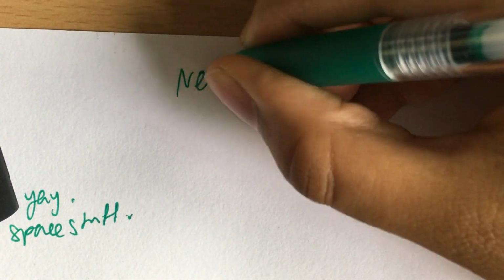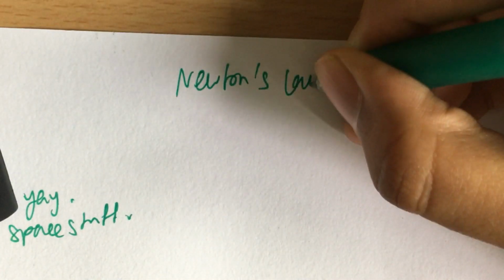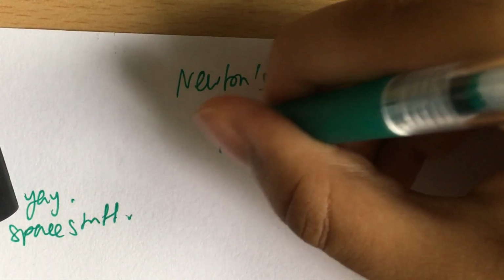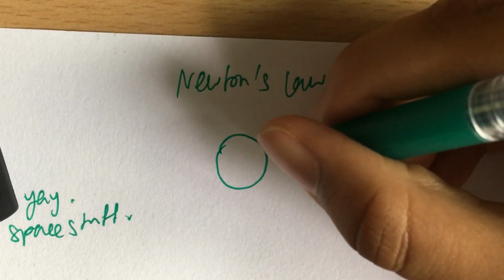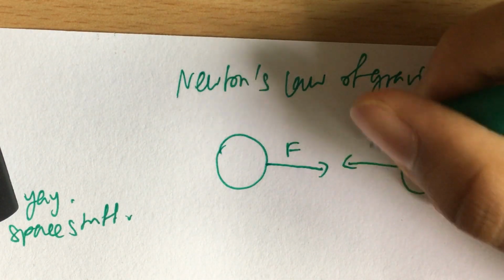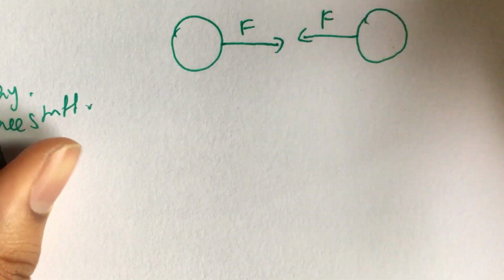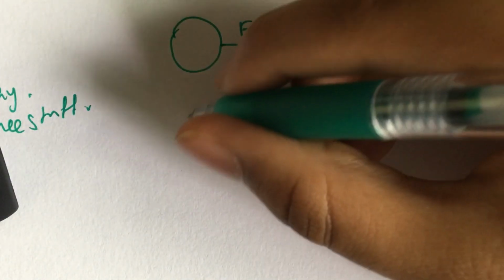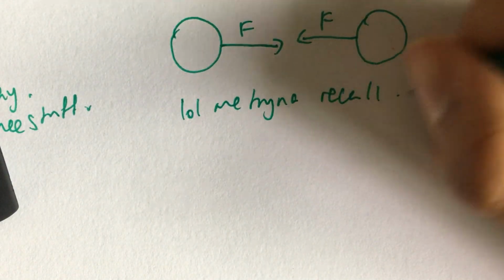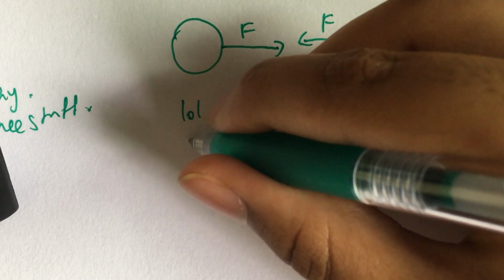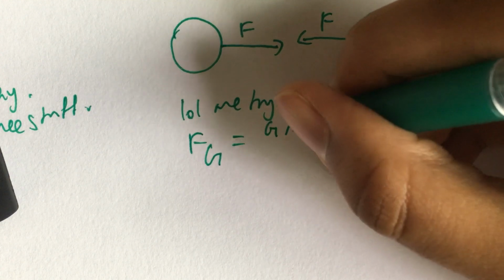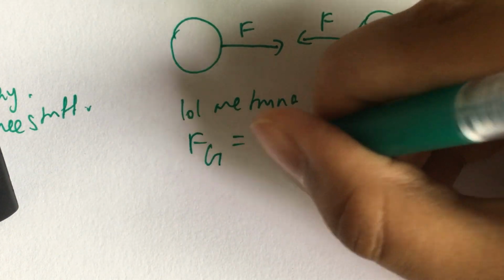The way that it is actually written is, Newton's law of gravitation states that the force between two objects, the force that one object exerts on the other and vice versa, is proportional to the product of the masses of the two objects and inversely proportional to the square of the distance between the two objects.